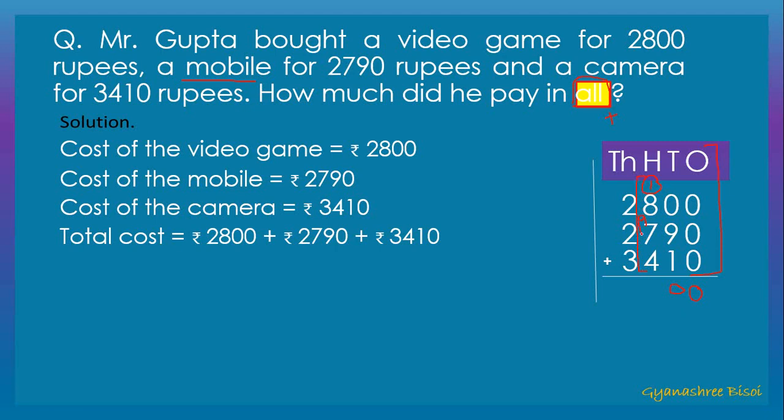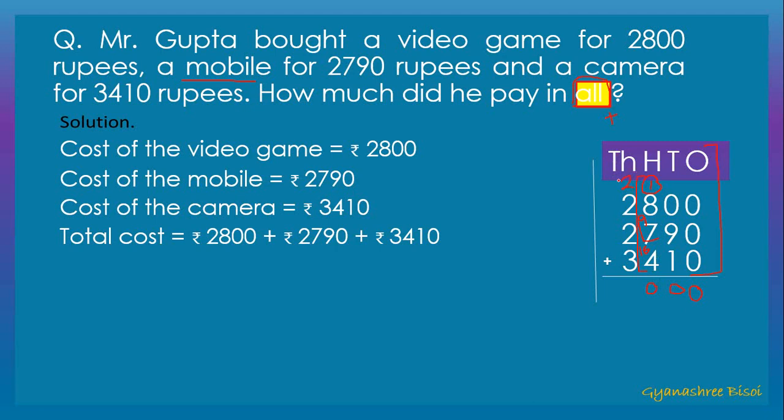Then 9 plus 7 equals 16. I will keep 16 in my mind, and 16 plus 4 equals 20. That means 0 I will put below hundreds place, and 2 I will carry over to thousands place.